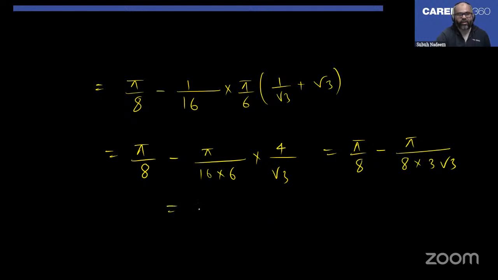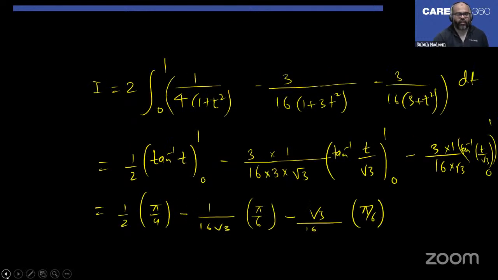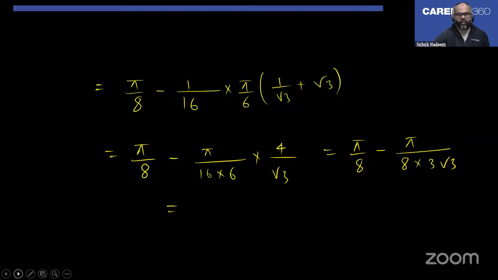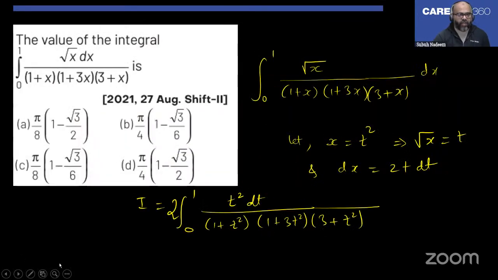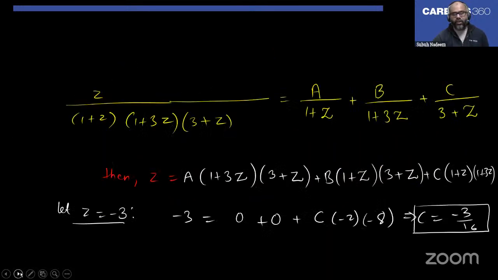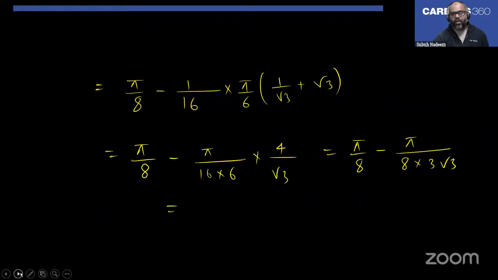So if we take what should be taken common, I think pi by 8 can be taken common. And 1 minus root 3 by 6. Okay, this is coming C. So which option is this?